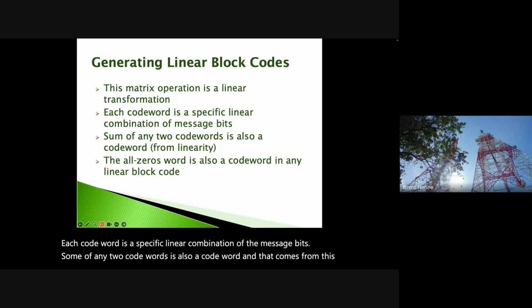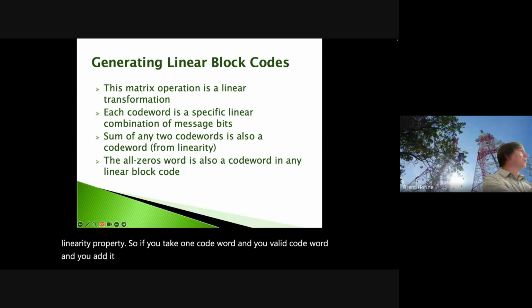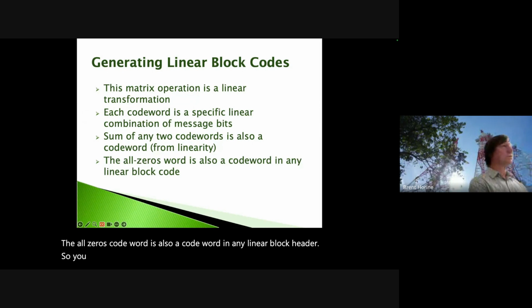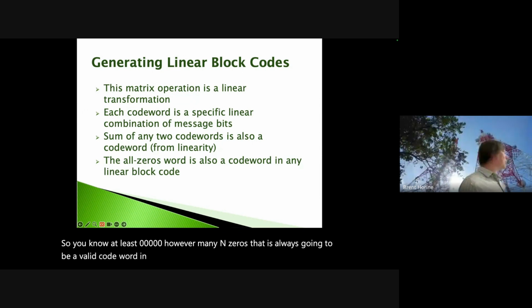So if you take one valid code word and add it to another valid code word, that should produce a third valid code word. The all zeros code word is also a code word in any linear block code. So at least 0, 0, 0, 0, however many n zeros, that is always going to be a valid code word in a linear block code.